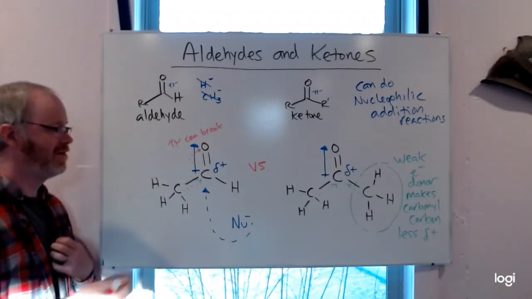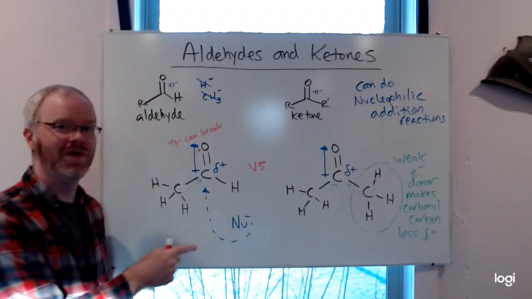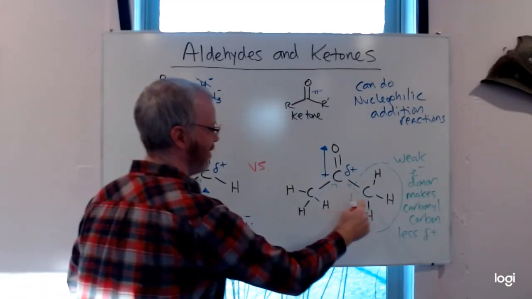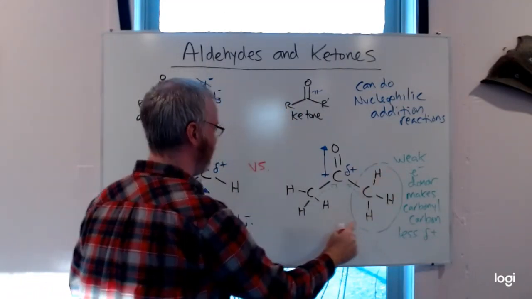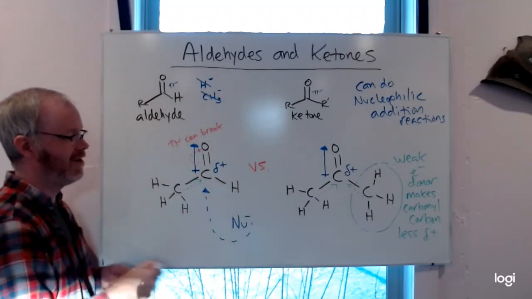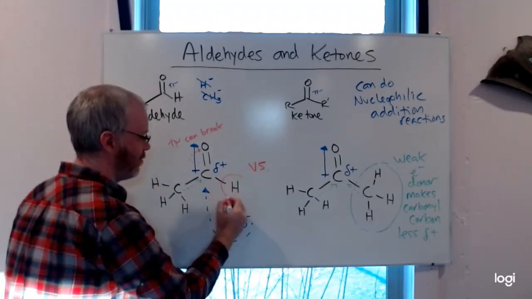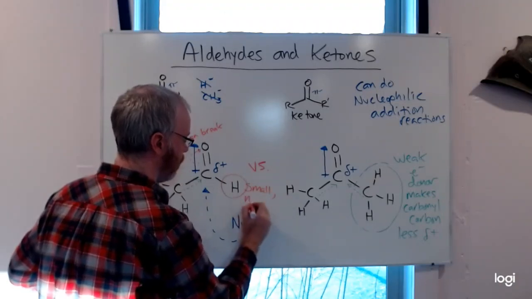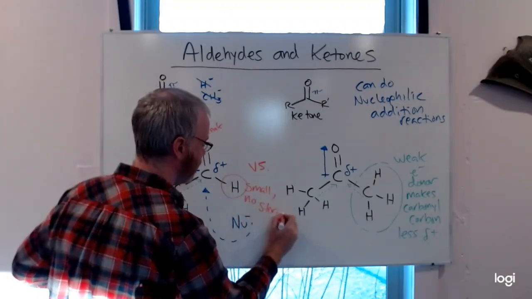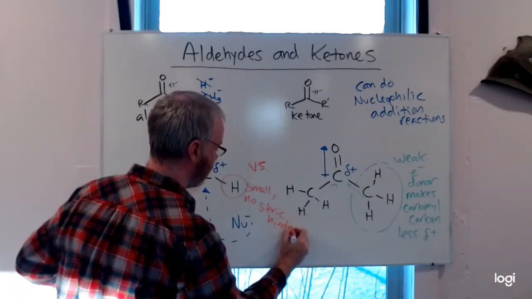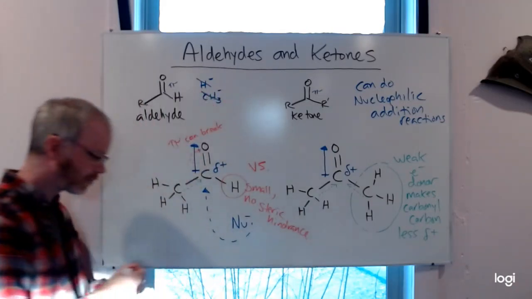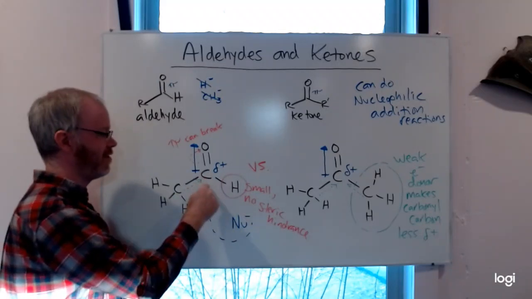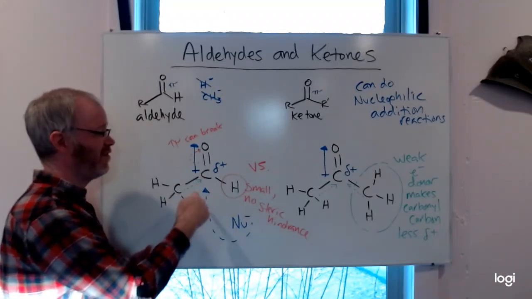The other piece is here, and the reason why I drew it out long form instead of just sticking with the abbreviations is, all right, well, that carbon has 3 hydrogens attached compared to this hydrogen here. Right, so this hydrogen is very small. Right, so it's relatively no steric hindrance. Right, it doesn't really get in the way as much. Right, this nucleophile has to find its way to that carbon to do an addition reaction.